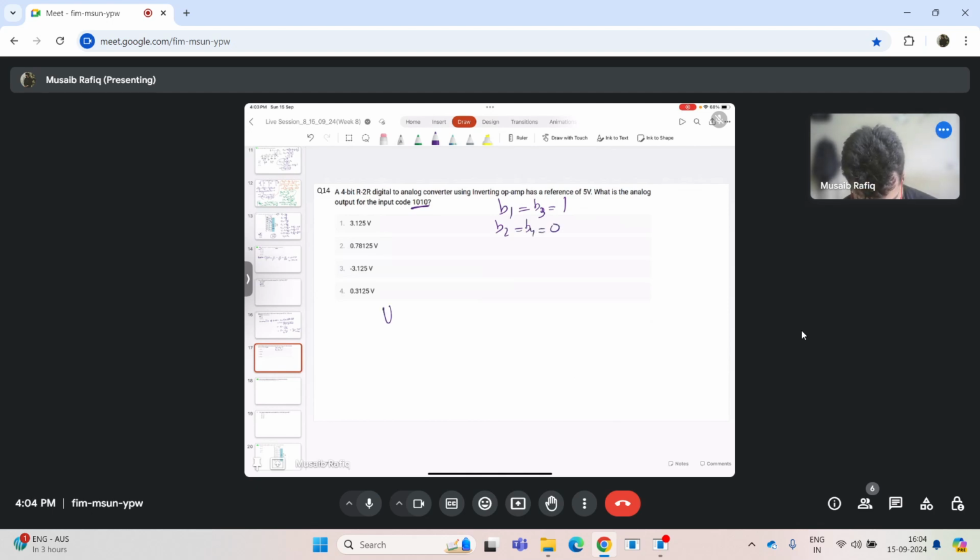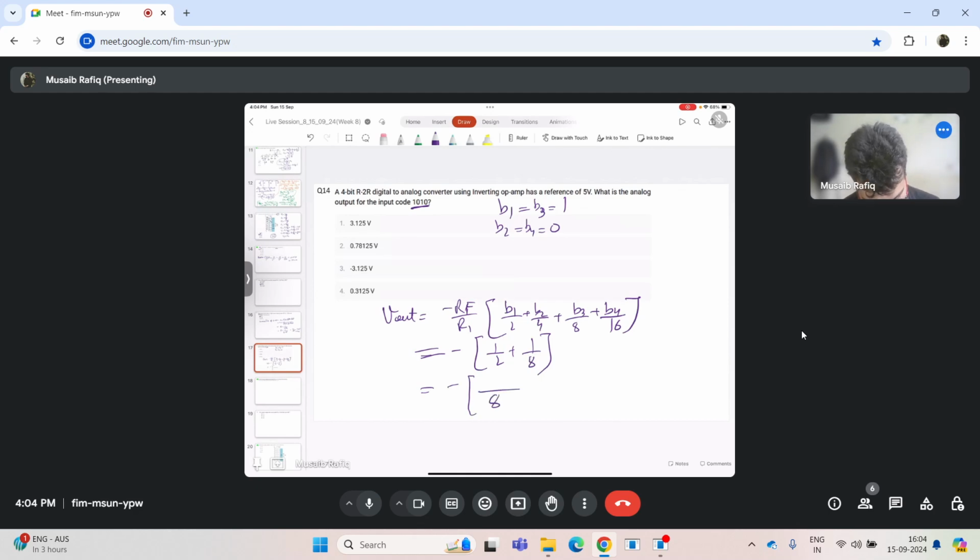My output V out is equal to minus RF by R1 times B1 by 2 plus B2 by 4 plus B3 by 8 plus B4 by 16. Let's assume RF and R are equal, which usually is the case. So this is minus 1 by 2 plus 1 by 8, because B2 and B4 are 0.